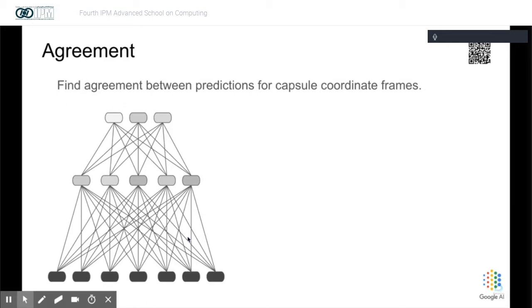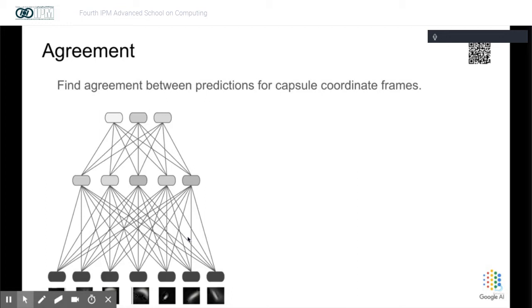To learn more about this concept of agreement, consider a digit classification task like MNIST. We propose a model with the following architecture. The model consists of 3 layers. The first layer of capsules consists of 7 parts, shown on the bottom row. Each of these capsules will find their individual coordinate frames about how these patches are present in the image.